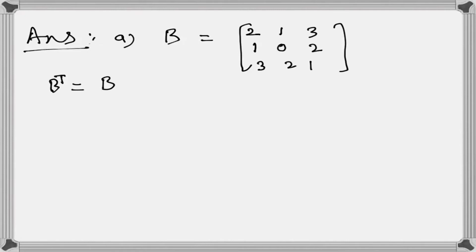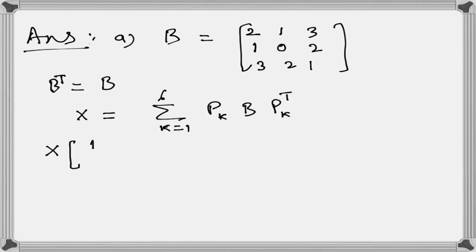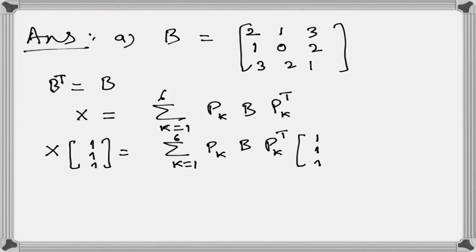Then X is equal to the sum over K equals 1 to 6 of PK B PK transpose. Okay, so let's compute X times (1 1 1), which is the sum over K equals 1 to 6 of PK B PK transpose (1 1 1).